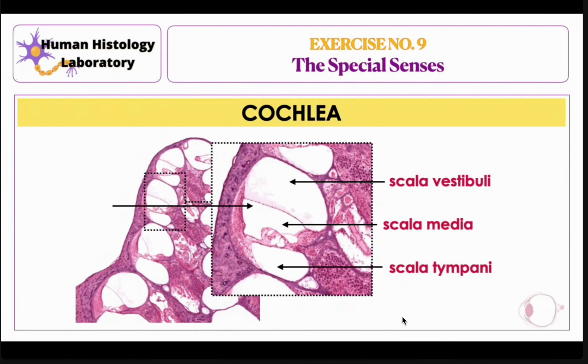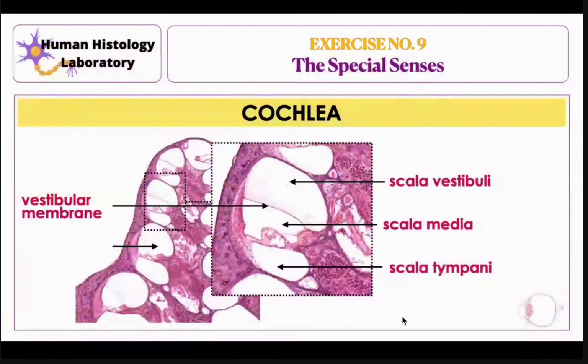The vestibular membrane, also known as Reissner's membrane, marks the roof of the cochlear duct and consists of two layers of simple squamous epithelium. This separates the cochlear duct from the scala vestibuli.